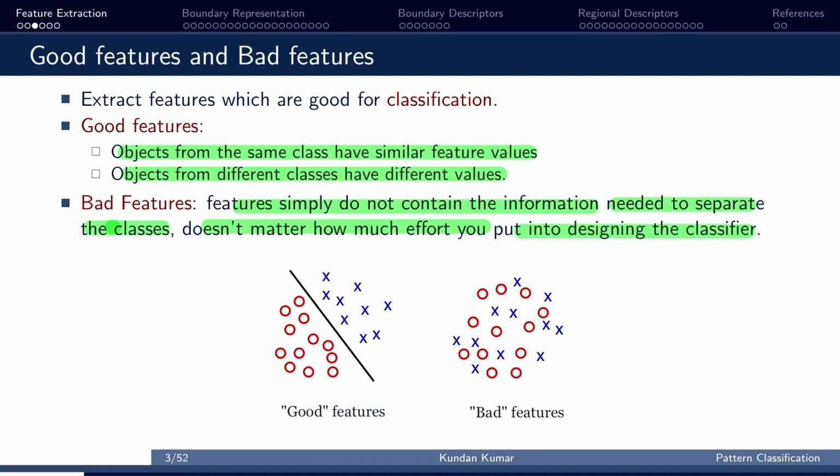From this figure, you can understand how good features look and how bad features look. If the features from the two classes are separable and the features within a class are similar to each other, they are good, but bad features are not good enough that we can separate them using some boundary.